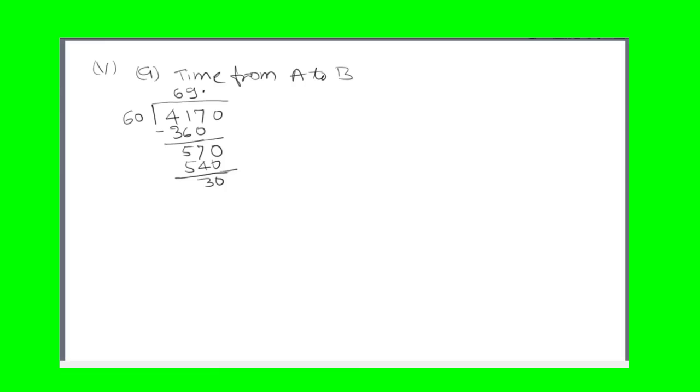Now we put decimal and carry 0, so we get 5. So the time we get is 69.5 hours. If the bus runs continuously, then we get this much time.